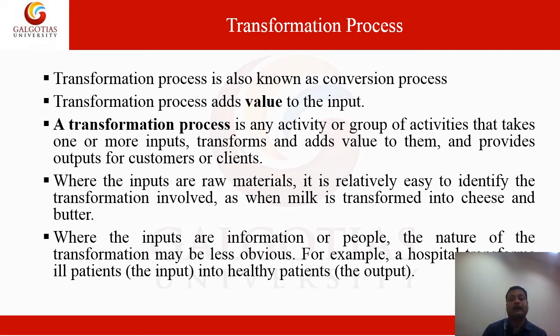The hospital, along with its doctors, medicine, equipment and nurses, is converting this ill person into a healthy person. In that case, you cannot experience the transformation as something very visible or obvious, because here the inputs are information or people. Therefore, where inputs are information or people, the nature of transformation may be less obvious.